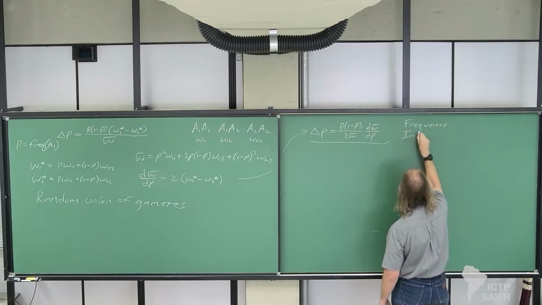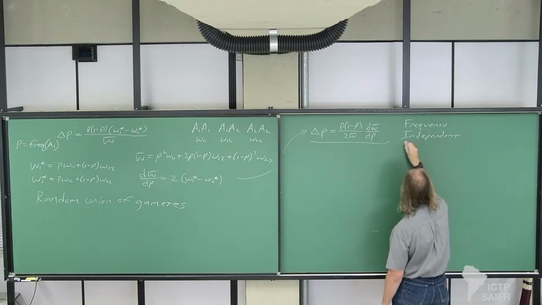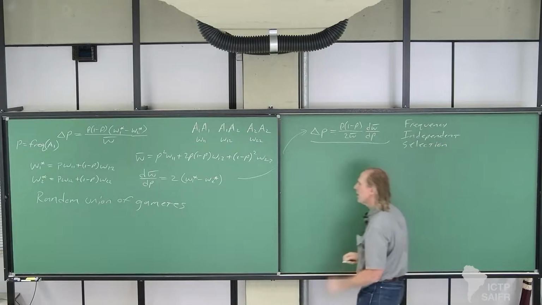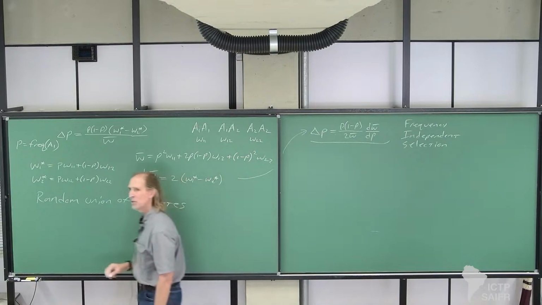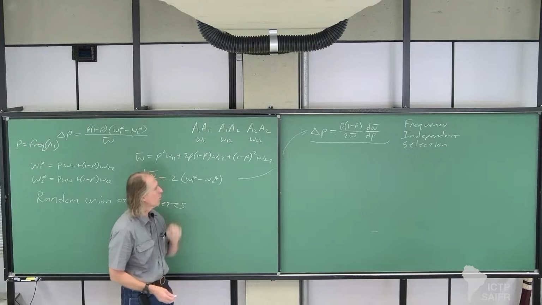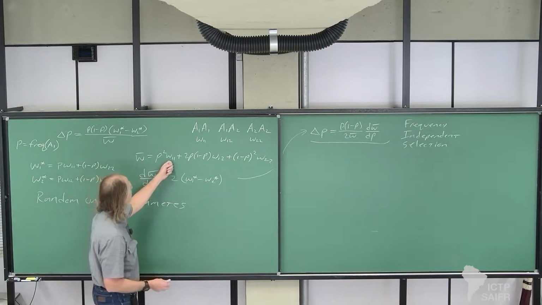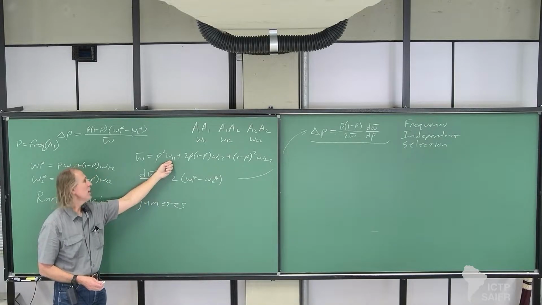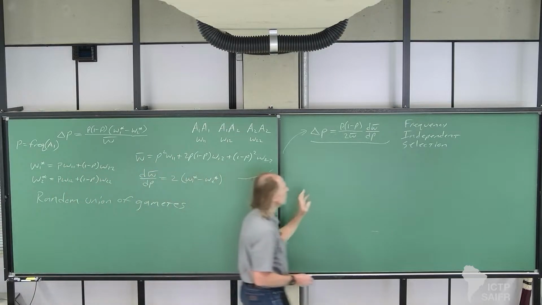As I said, what that means is these Wij terms are not functions of P, so we're treating those as constants, essentially. If W11 was itself a function of P, then that would change the derivative of W bar with respect to P. So we're assuming frequency-independent selection.